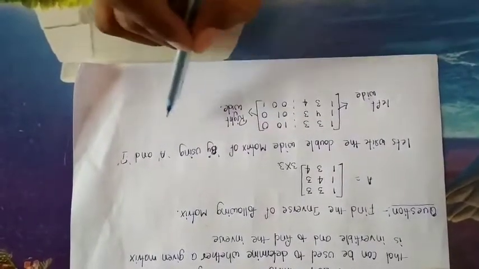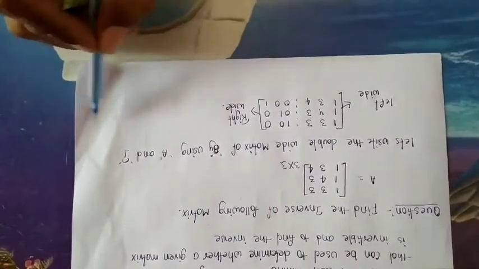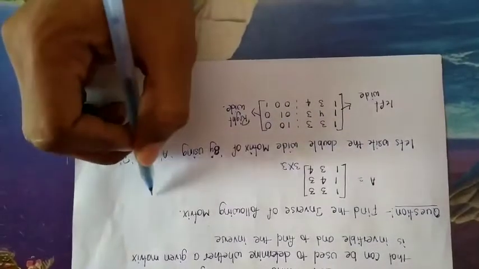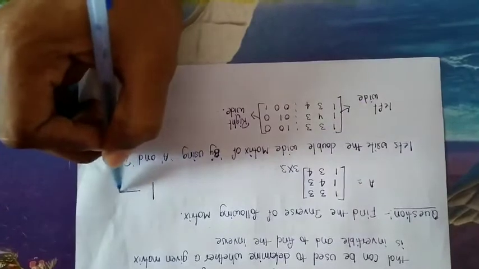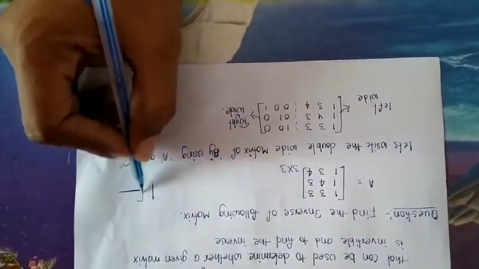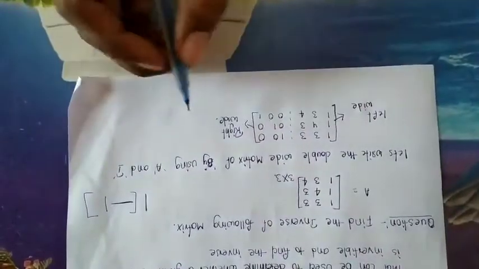What is the double wide matrix? The name contains two words, double and wide. Wide refers to the width of the matrix. So we are changing the width of the matrix.